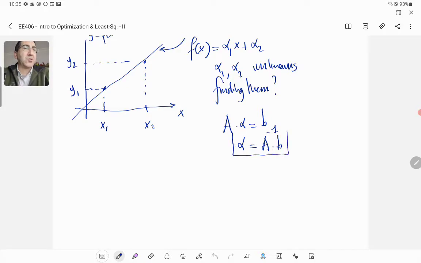And A is a square matrix in this case and is invertible, or as long as it's invertible, we have a solution for alpha. We have also discussed when A would not be invertible.